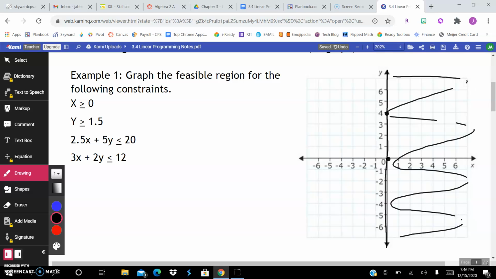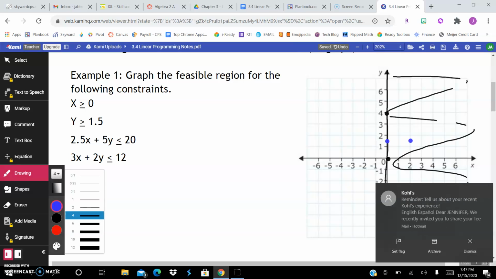And x is greater, so we're going to look at this region over here. Then we're going to graph y is greater than or equal to 1.5. So we're going to go to 1.5 on the y-axis. This time we're talking about the y, so our other point can be anywhere across. It's going to make a horizontal line.